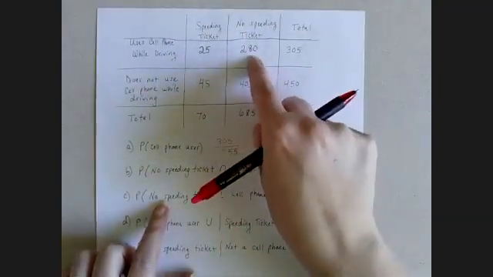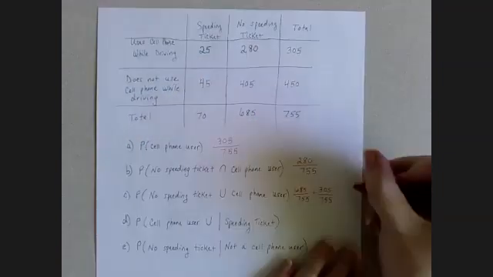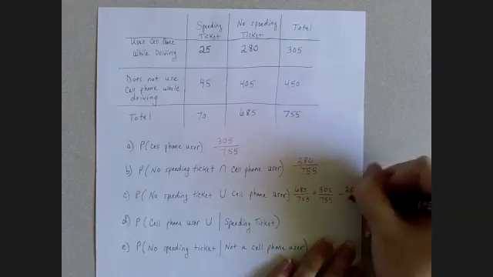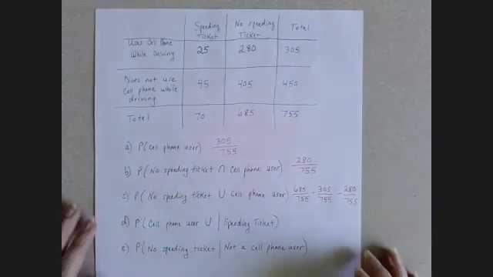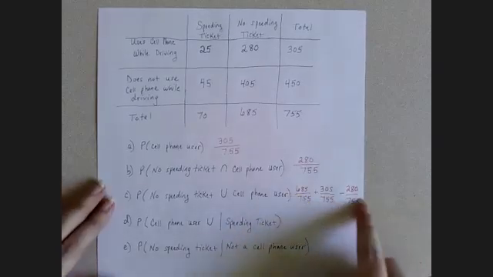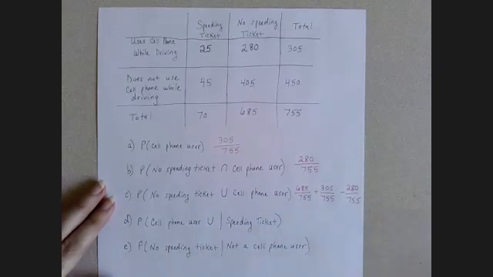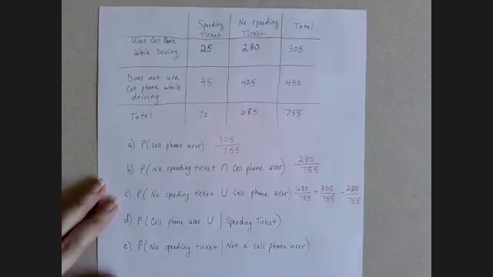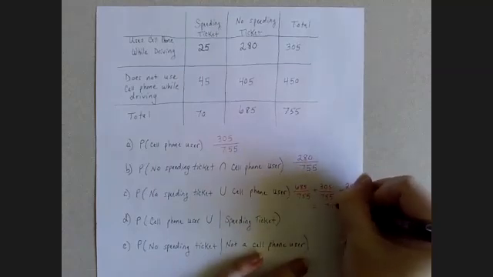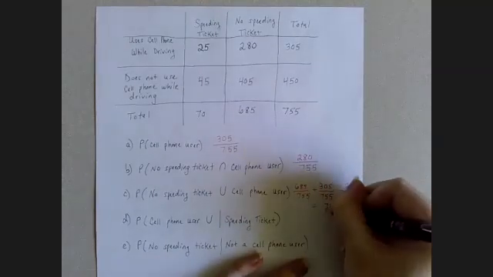And so I need to subtract this out because it's getting double counted. So I'm going to say minus 280 over 755. And so this is one of the probability rules that you got. So probability of A plus the probability of B minus the probability of A intersect B. That's what's happening right here. And so if we go ahead and simplify that, we're going to get 710 over 755.